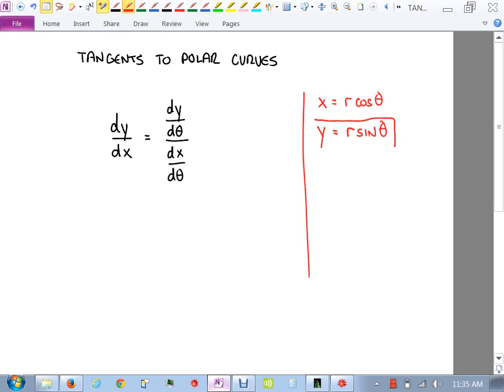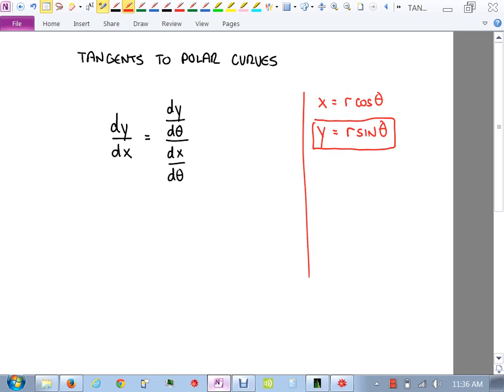Let's do that right here. Take the derivative of y with respect to theta. Well, the question is, do we treat r like a constant, or do we treat it like a function? So is this just going to be r times the derivative of sine, or is it going to be product rule? What do you think?